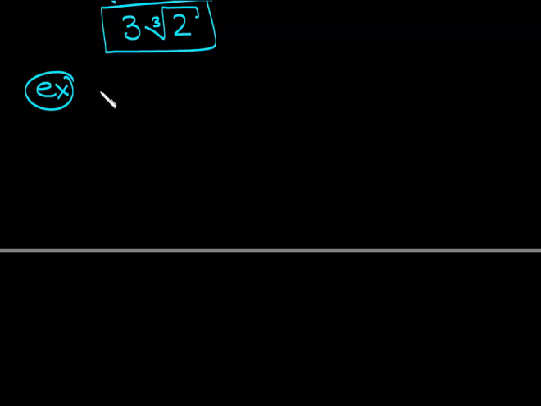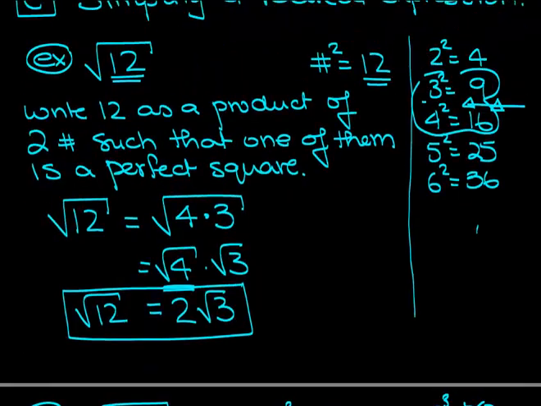How about we have the square root of 28. Okay. Once again, I want to find some number whose square is 28, and I showed you all the squares here.